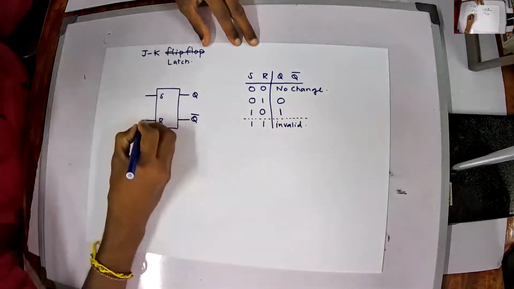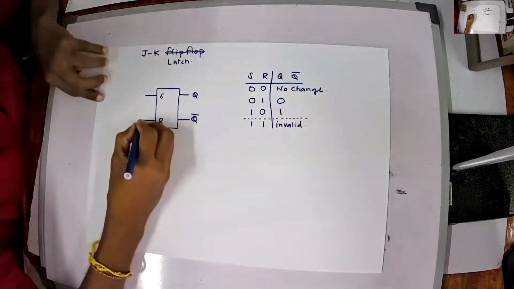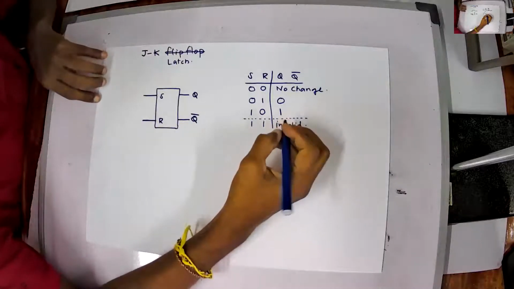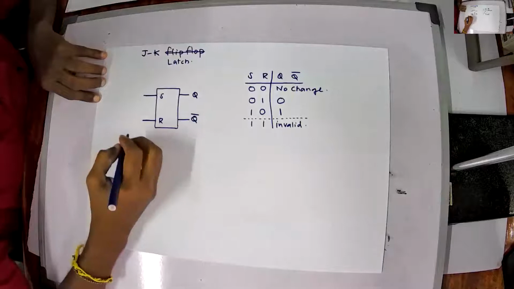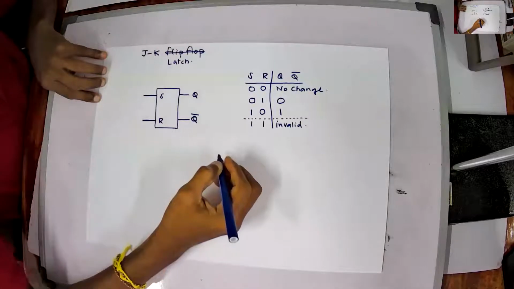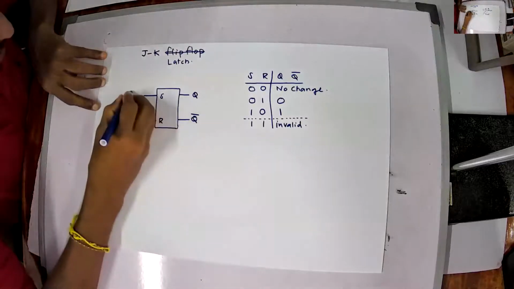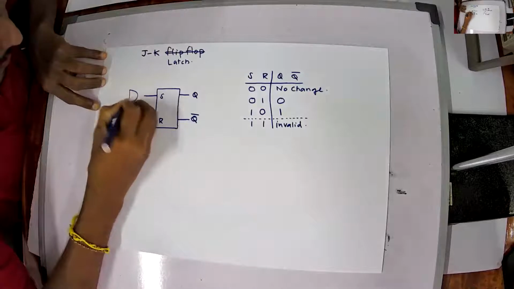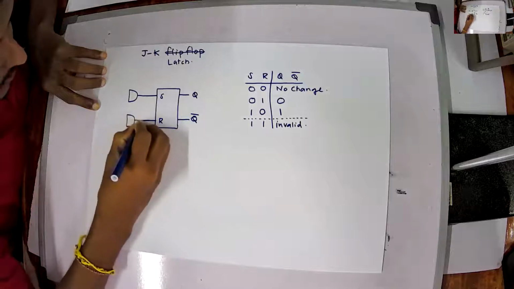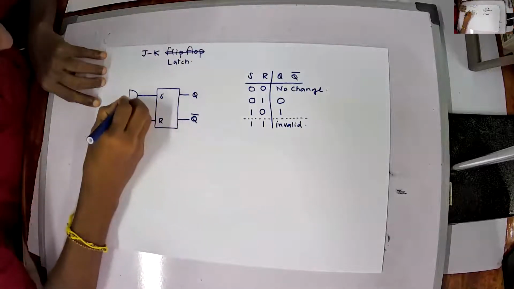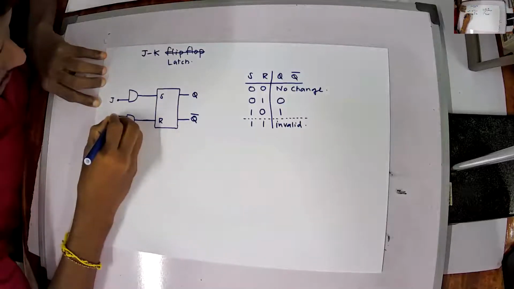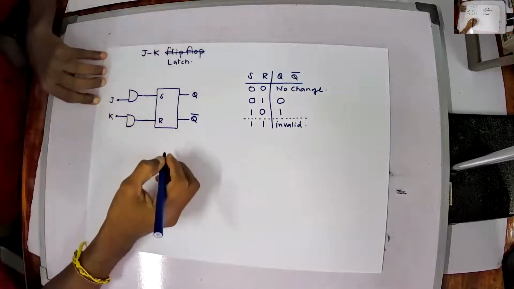Let's see how we can make a JK latch, not a flip-flop, and overcome that 1 1 problem. So this is an SR latch. What I'm going to do is have two AND gates. Then you have J and K, which are my inputs.